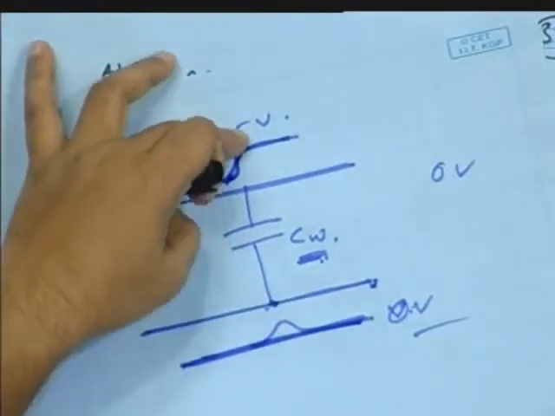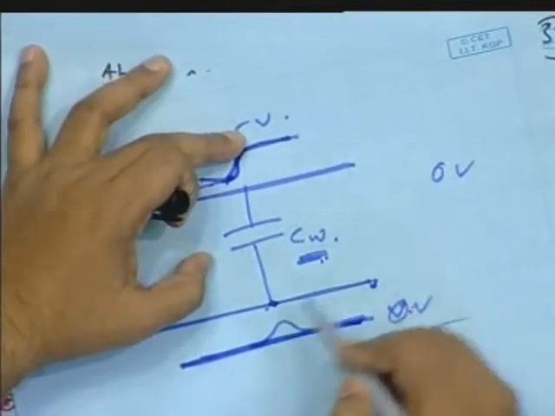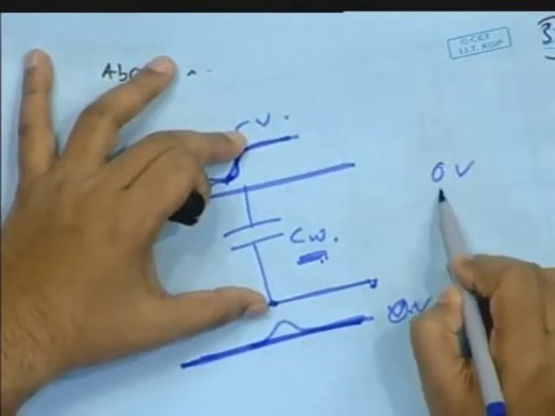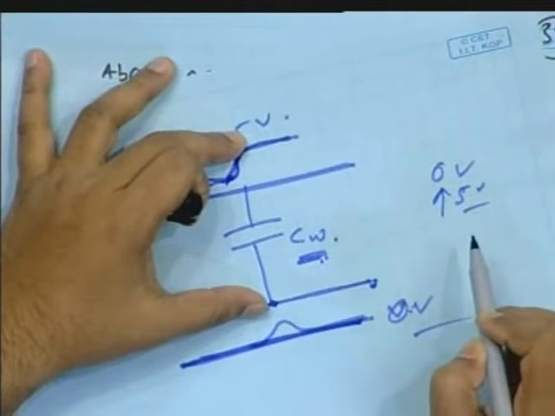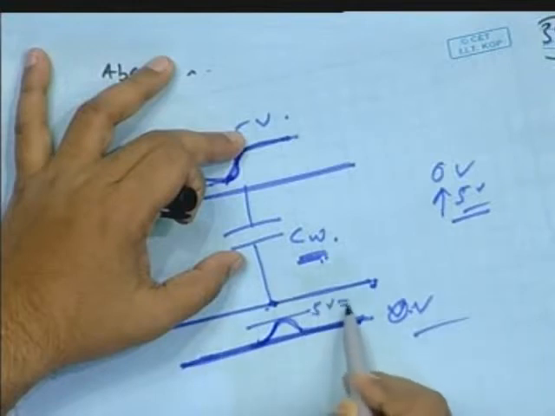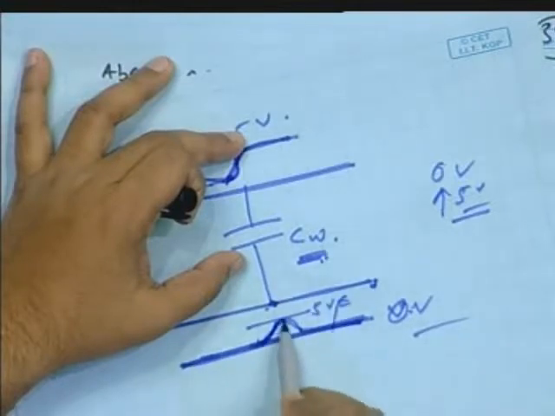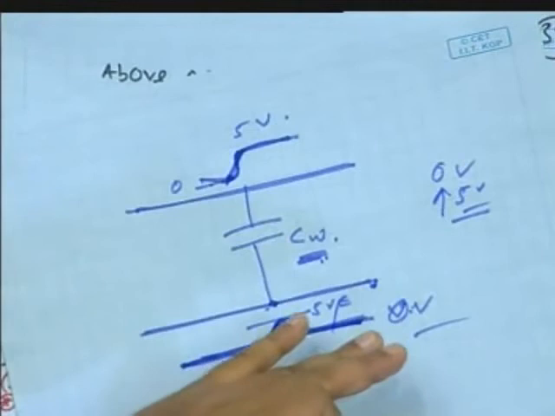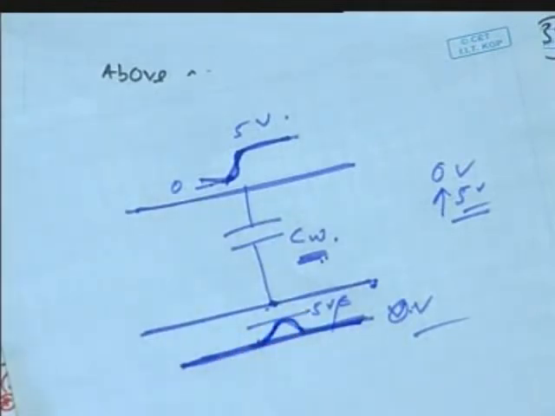Now this one changes to 5 volt, so this one will definitely move towards 5 volt. That's the reason there will be a bump. The bump height may not reach 5 volt; it might be some intermediate value. If there is an abrupt change of voltage across a capacitor, the capacitor behaves like a short.